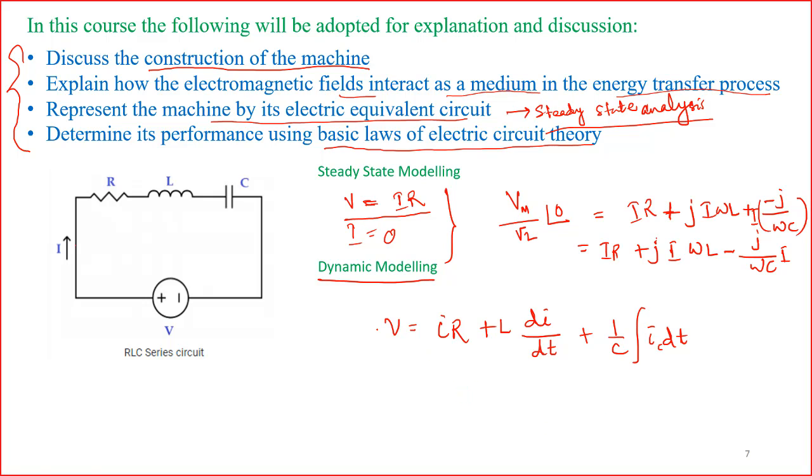So I can write the dynamic equation in this way, and this is called dynamic modeling. This is also applying KVL, but we are considering the transient condition in this circuit.